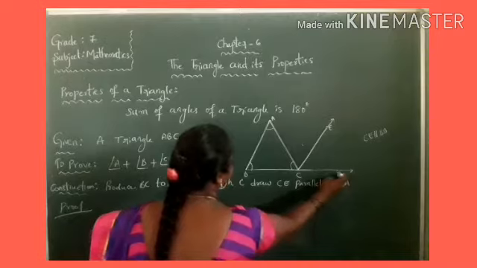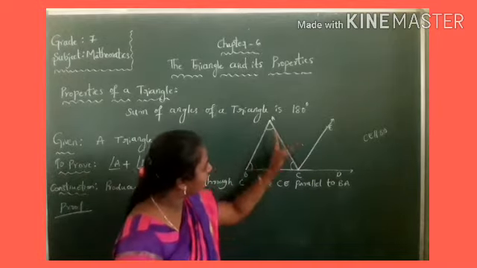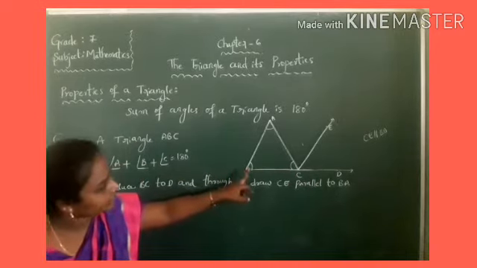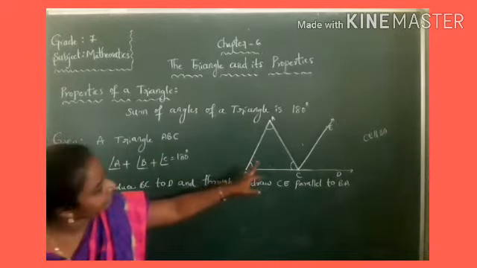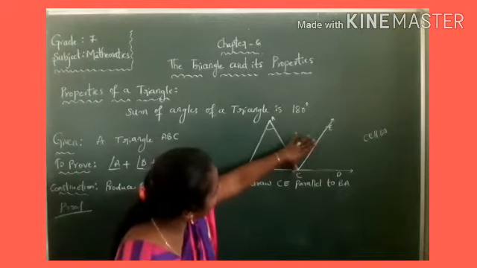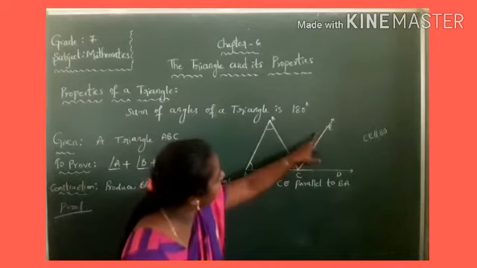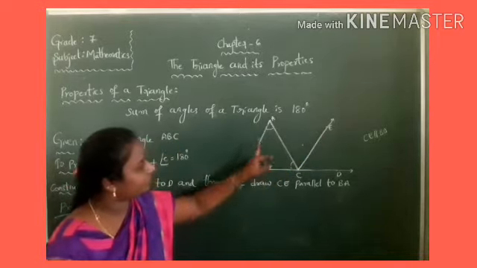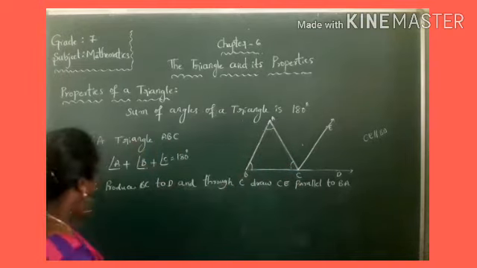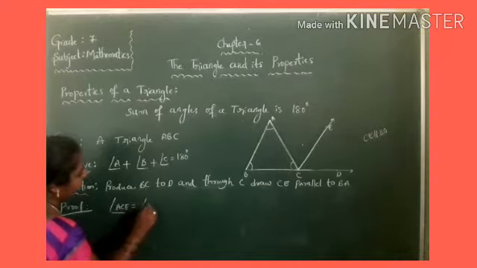Angle ACD is the exterior angle, equal to the sum of the two interior opposite angles. Since CE is parallel to BA, angle ACE is equal to angle A. So why is angle ACE equal to angle A?